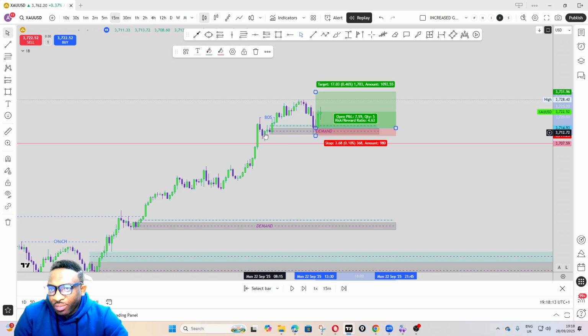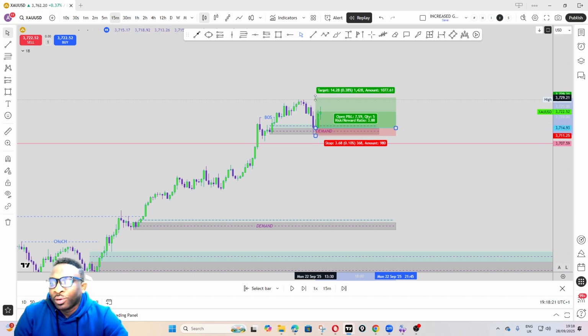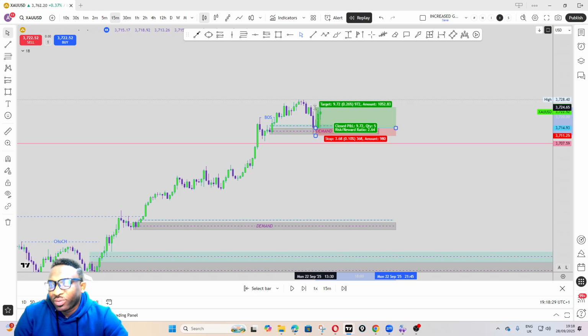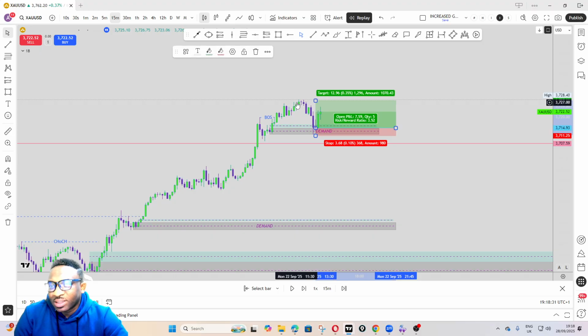If price breaks below this zone we've marked, we're not interested in still being in the trade. From here we could go in for 2-to-1 risk reward, which from this point itself has already hit the target. But let's target the high of this area and see if we could get it.